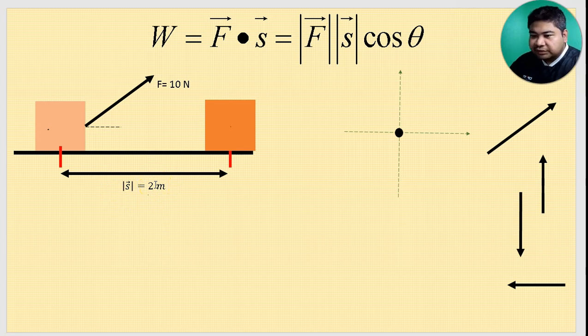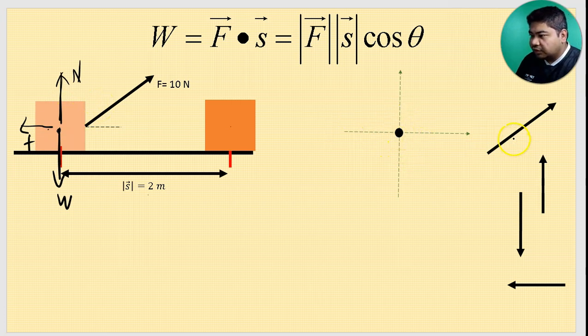The forces acting on the block are the weight of the block, the normal force, and also the friction by the floor. If we draw the free body diagram, I've prepared the Cartesian axes and the dot there for us to draw the free body diagram.